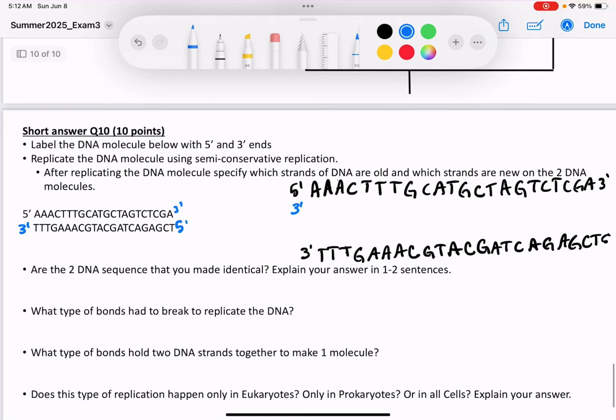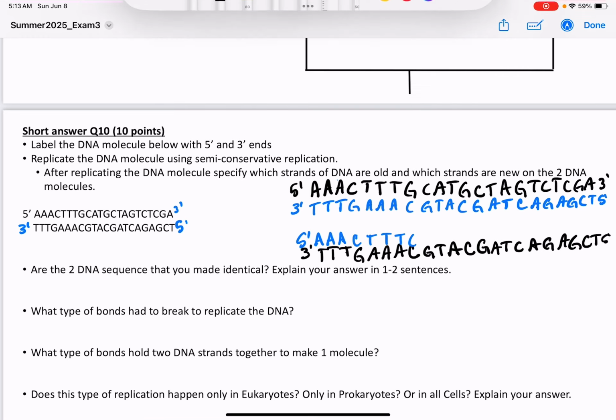And then I'm just going to put my new DNA in a different color so it's easier for me to track. And I wrote that in the wrong direction. It would have been better if I wrote 5' to 3', like polymerase, but I didn't. Okay.